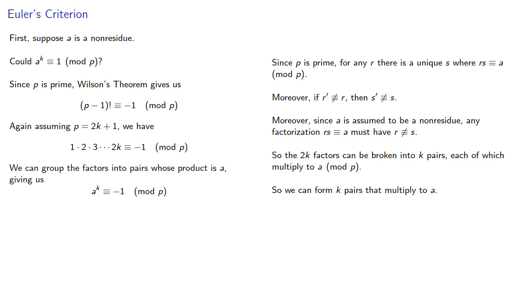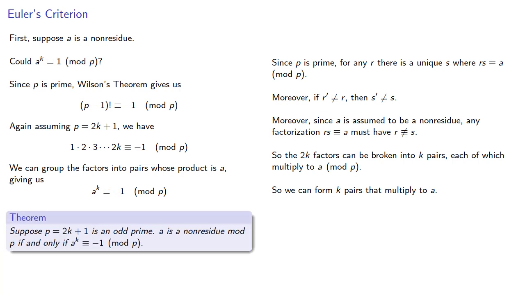So if A is a non-residue, A to the power k must be negative 1.